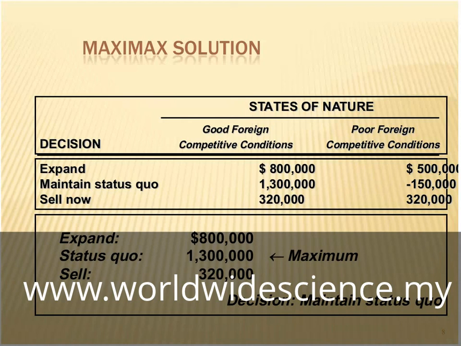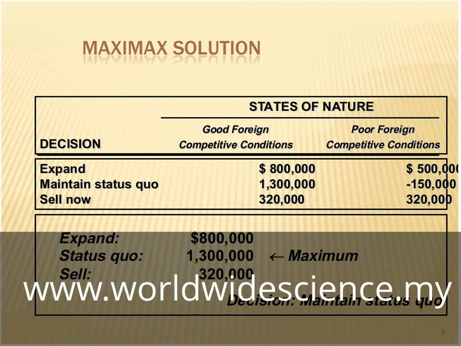Then you select the maximum in each row, in each decision. Now you should select the maximum of maximum. Among these maximums, which one is maximum? Very good, 1,300,000 is the maximum between 800,000, 320,000 and 1,300,000.